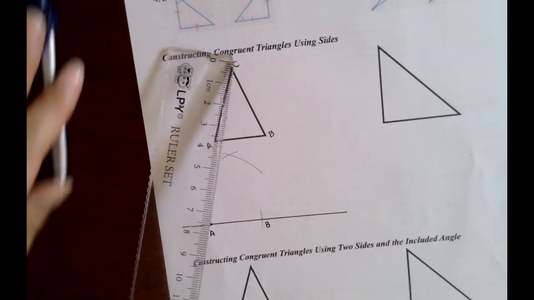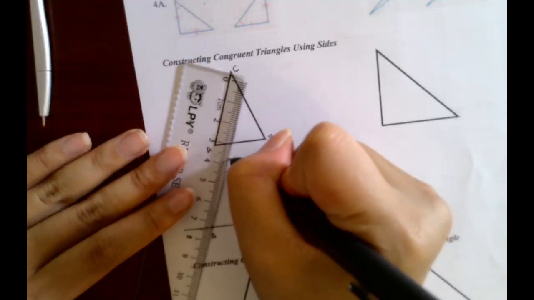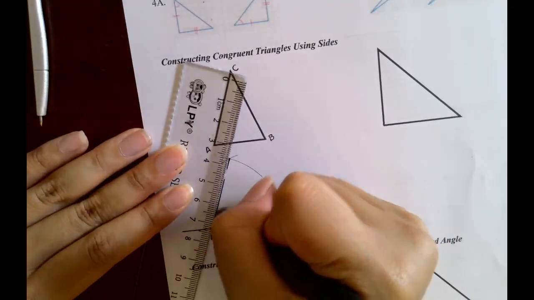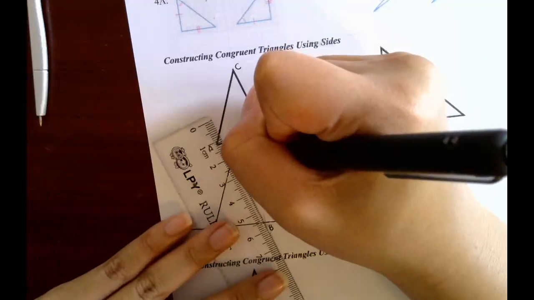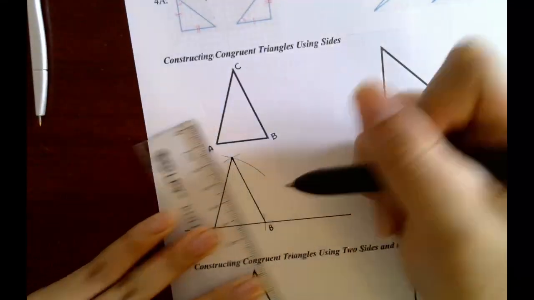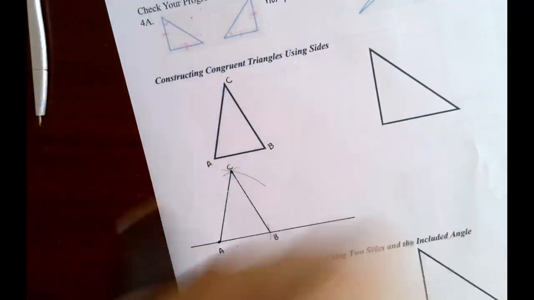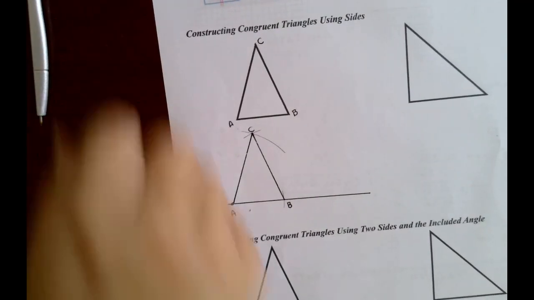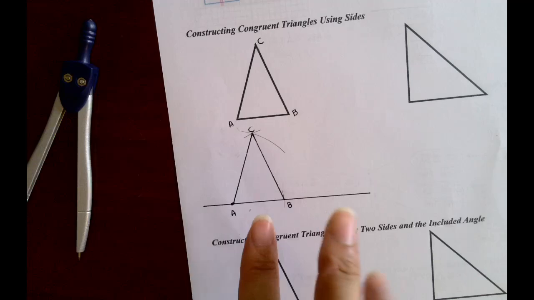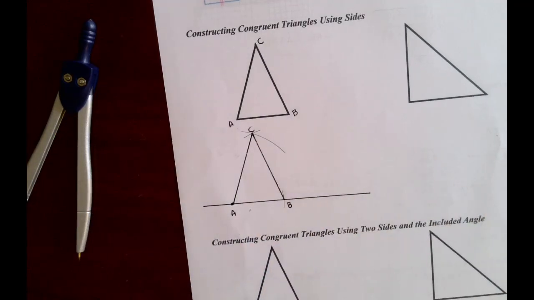Then all I have to do is connect it. Slightly off. Okay. So here is my replica exactly, well, not exactly because of human error, but almost exactly of my ECB.